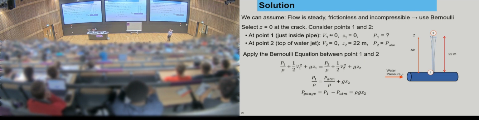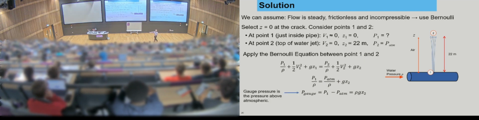Now, gauge pressure is the pressure above atmospheric. So the question asks for the gauge pressure. That means it's the pressure at point 1 minus the atmospheric pressure. And after doing some rearranging here, we can see that's equal to rho times G times Z2.